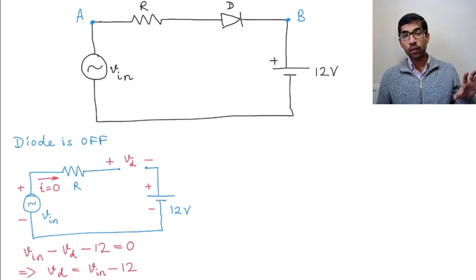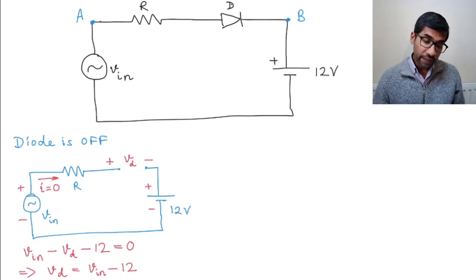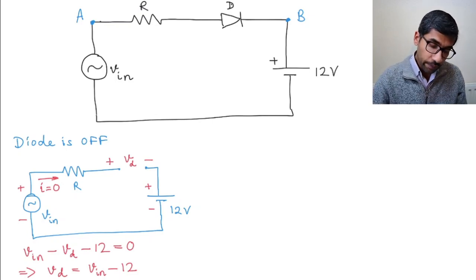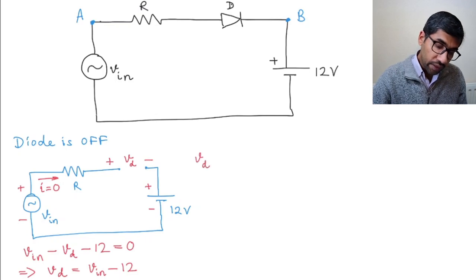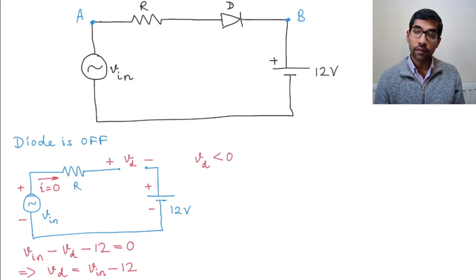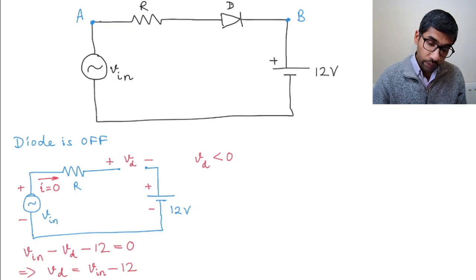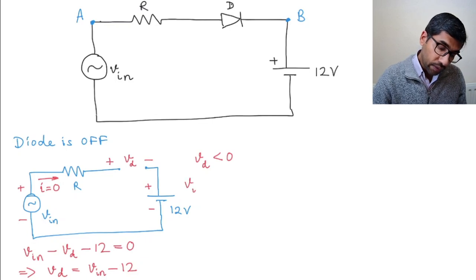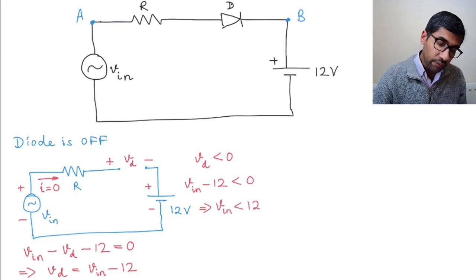Okay, now we have assumed here that the diode is off. If the diode is off, what will be Vd? Vd is less than 0, right? And what is Vd? Vd is Vin minus 12. So let's write that. Vin minus 12 is going to be less than 0, which implies that Vin is less than 12 volts, right?